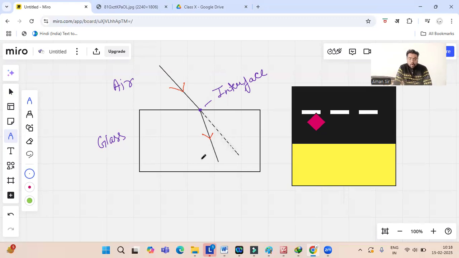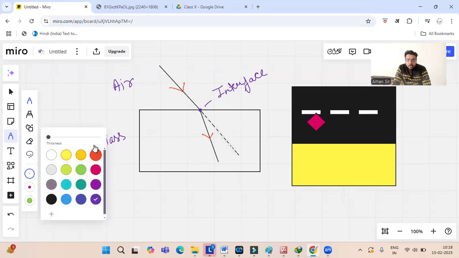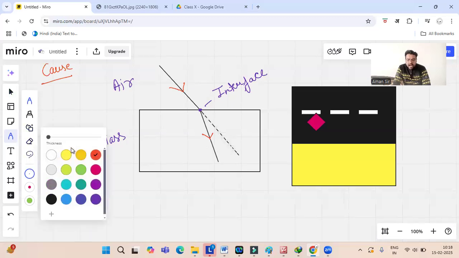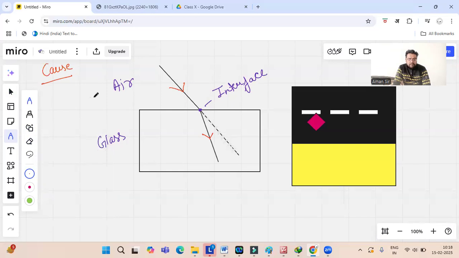But the topic for today is, what is the actual cause behind the refraction? Why is light refracting? Why can we see deviation in the path of light? Or why is light not able to continue with the same path? The correct concept behind this phenomenon lies in the speed of light.